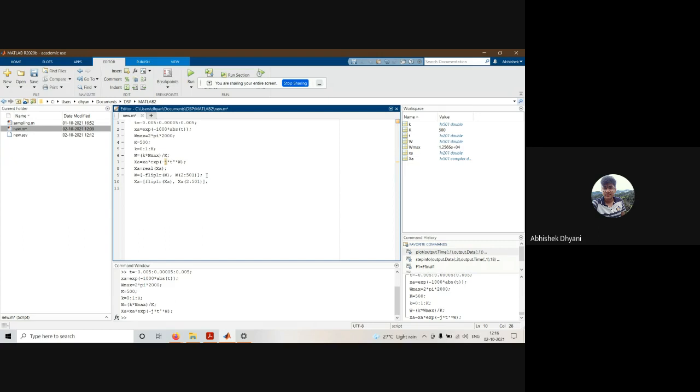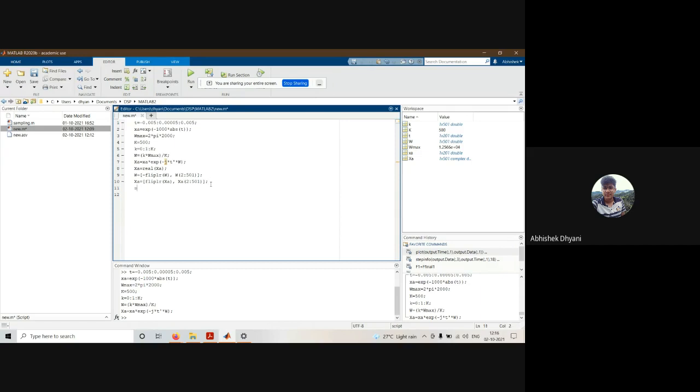So this way we have made our signal and the frequencies lying on both sides of the imaginary axis. Now let us plot what it looks like. These are the values of the CTFT, and now let's plot this.